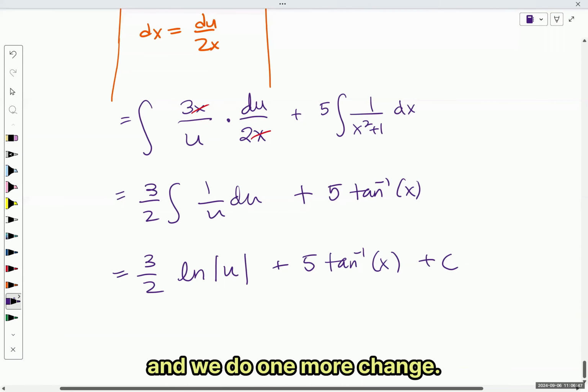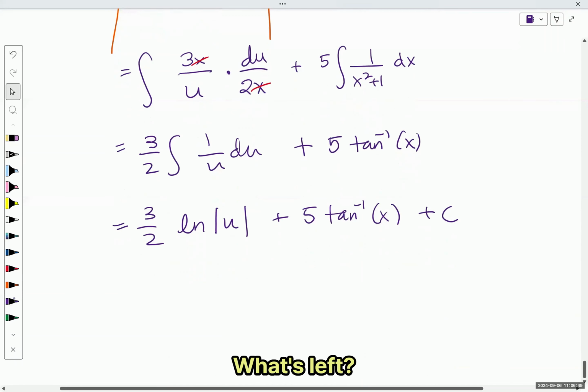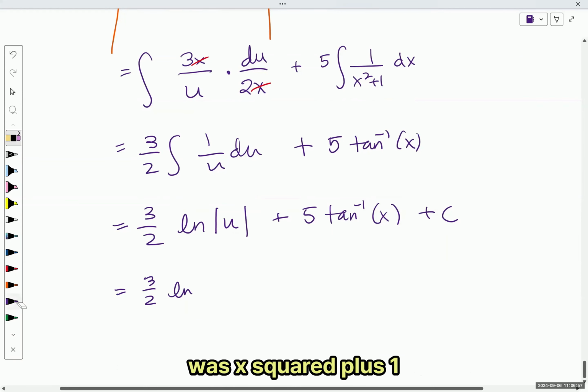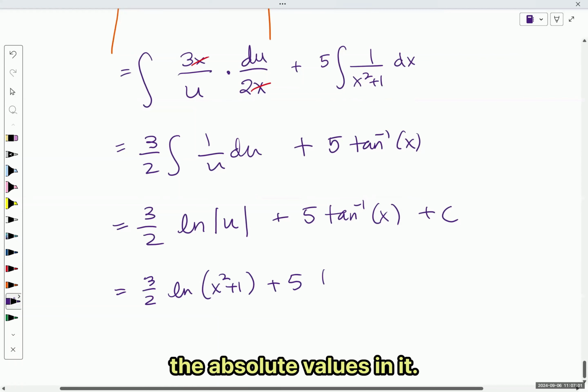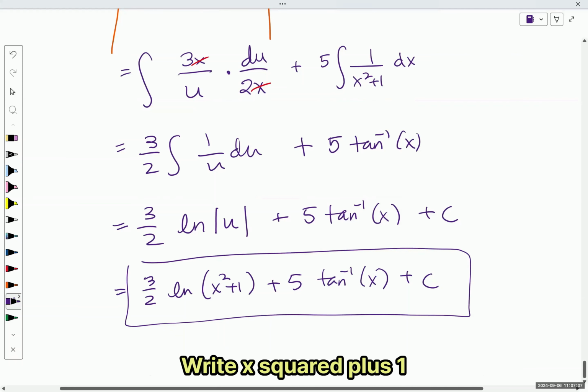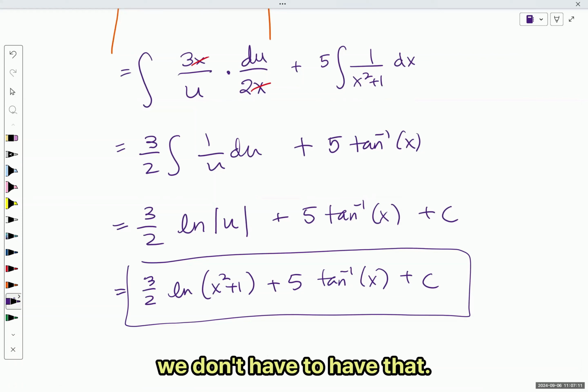And we do one more change. What's left? Change the u back to x. Good. Our u was x squared plus 1. You don't have to put the absolute values in it, but if you do, it does not affect the problem. x squared plus 1 is already positive, so we don't have to have that absolute value there.